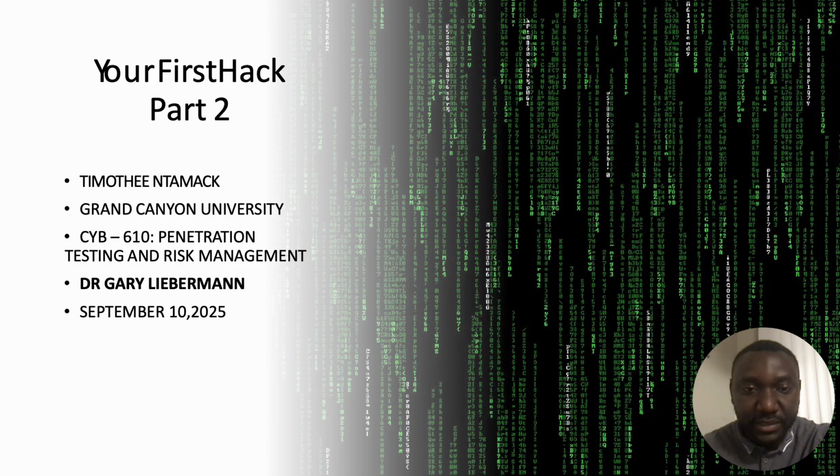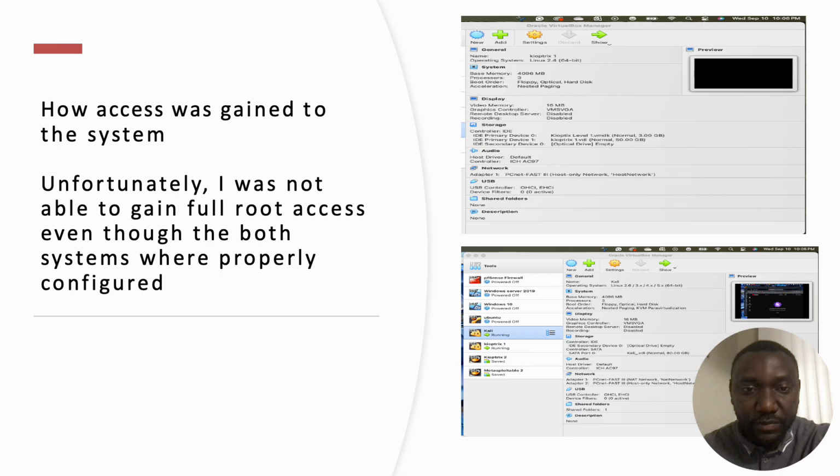Our main topic is our first half, second part. Our main goal for this topic was to gain access to the Metasploitable system by hacking it, but unfortunately I wasn't able to configure it properly in order to gain full access.